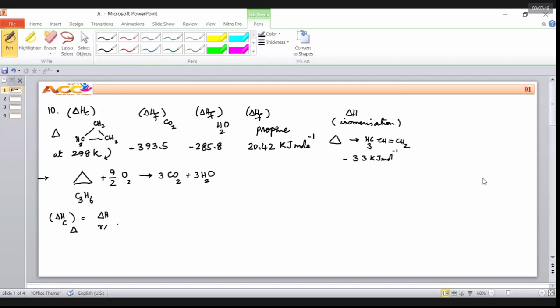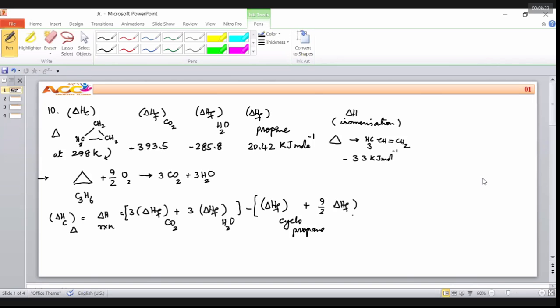When I say enthalpy of reaction, you will say: enthalpy of formation of products minus enthalpy of formation of cyclopropane, and plus 9/2 enthalpy of formation of oxygen.